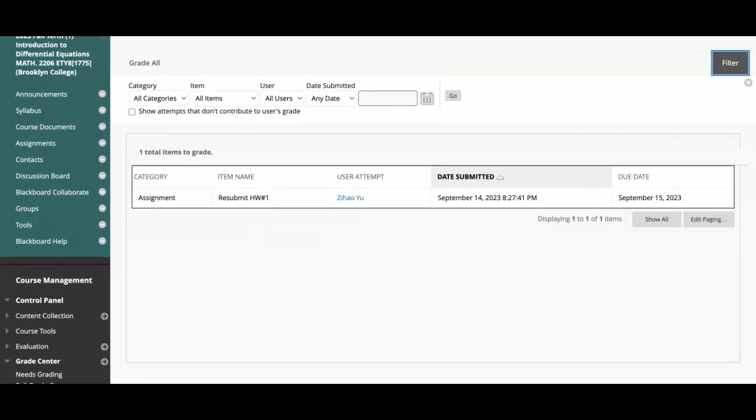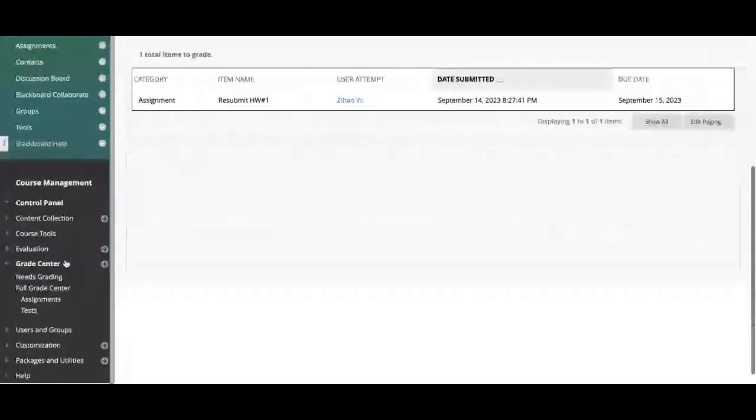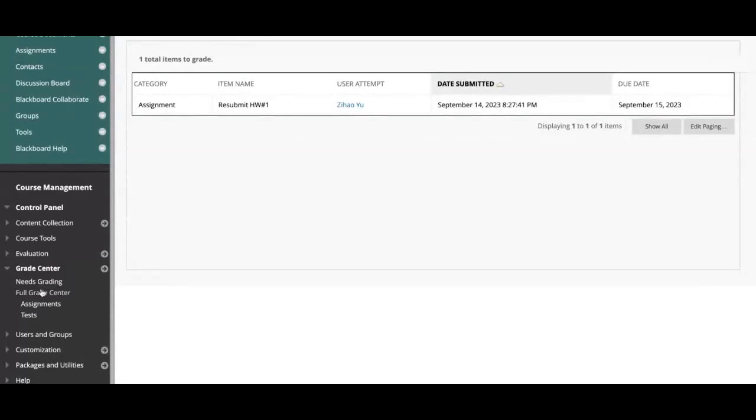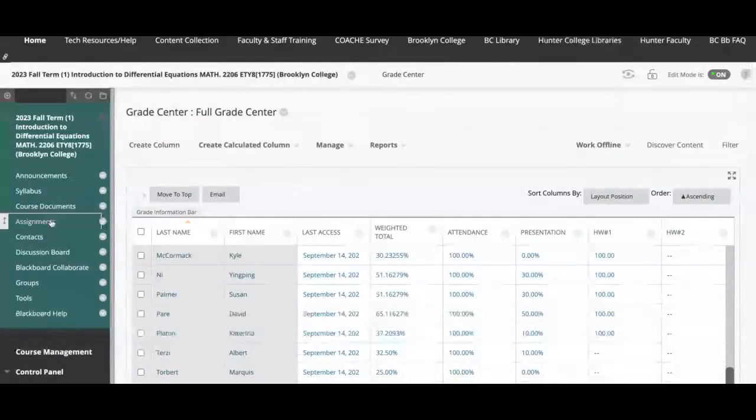Oh, it means probably the time is due. No, there's no icon to resubmit. Review submission history, homework 1. Only that, so nothing to resubmit.